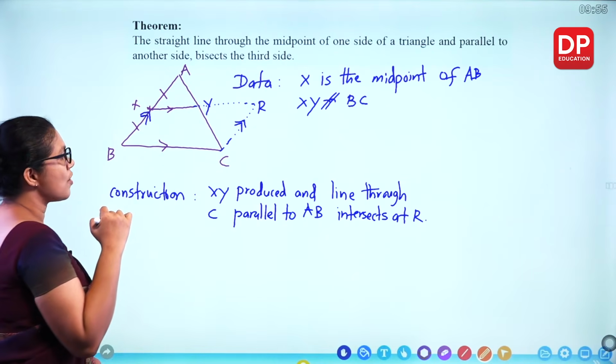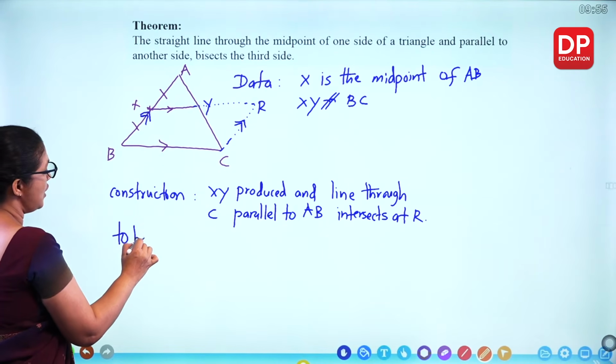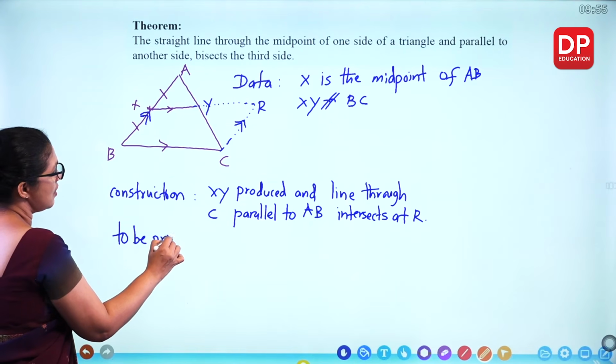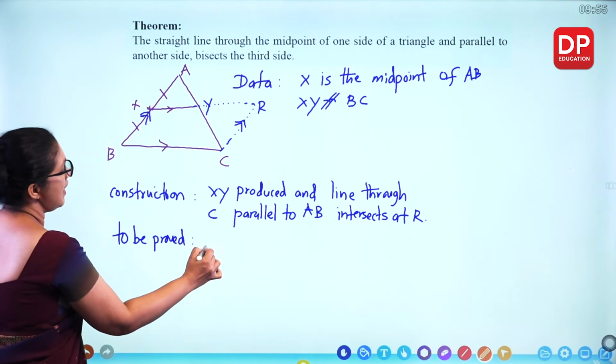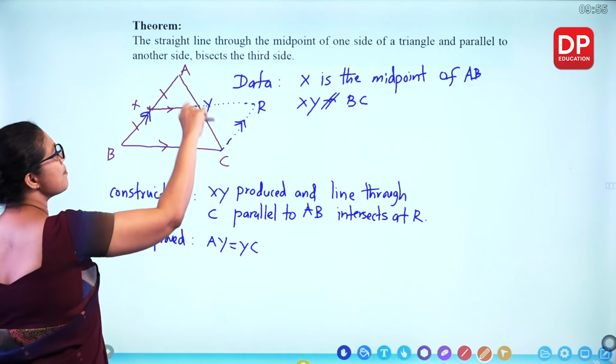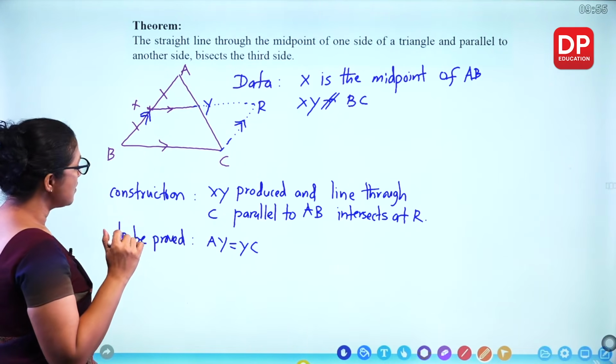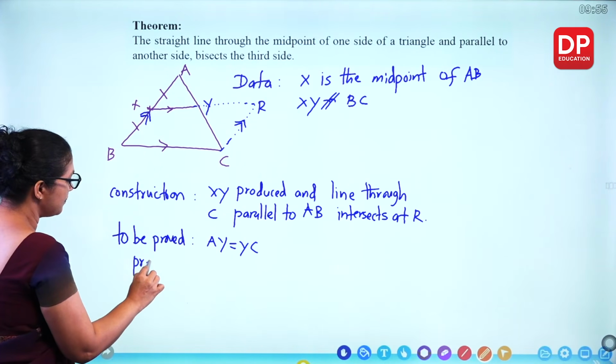So that's the construction, and you need to prove that AY equals YC, because bisect means these two lengths are equal, and we'll start to prove that.